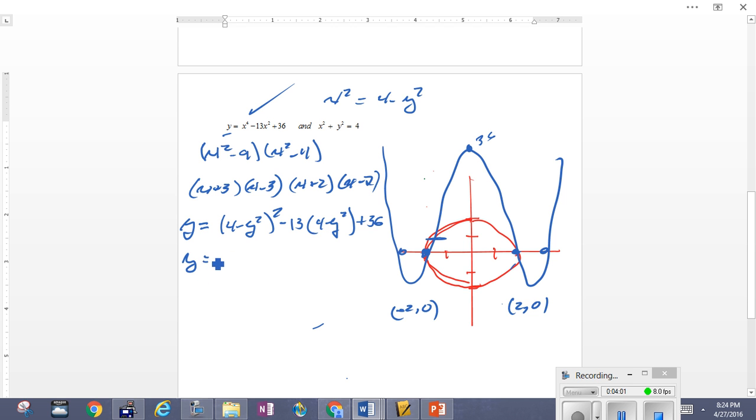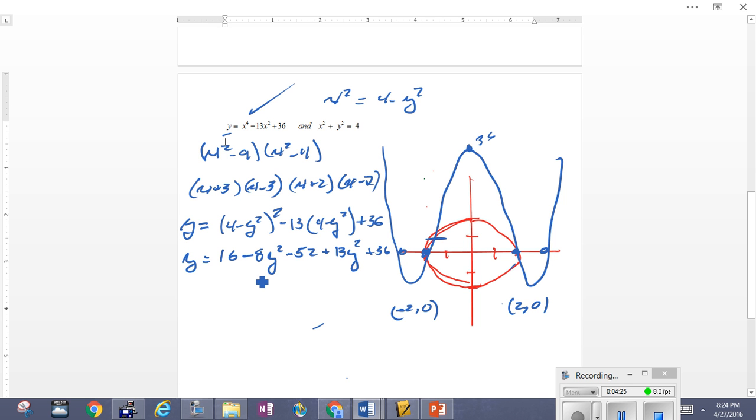Now let's see where that gets me. That's y is equal to 16 minus 8y squared, okay. 13 times 4 is 52, minus 52, plus 13y squared, okay, plus 36, yes?